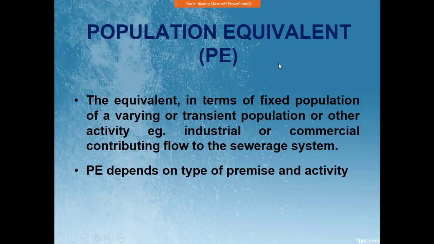Now there is something we call the population equivalent. Do you remember in chemistry when we have a solution that contains so many components, so many elements? We have sodium, calcium, magnesium, nitrogen, phosphorus. Can we just add them together?